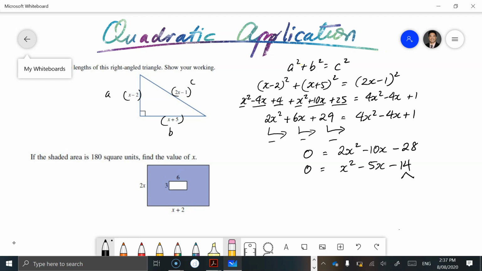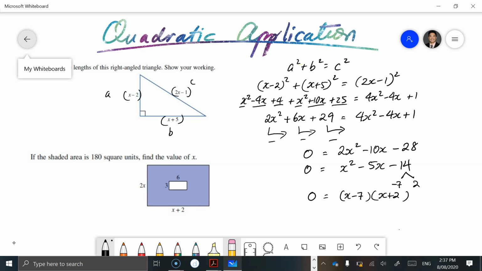Now I need factors of 14 or negative 14 that add up to minus 5. I know my timetables, so it's going to be minus 7 and 2. So my answer is going to be (x minus 7)(x plus 2) is equal to 0. Because minus 7 plus 2 is minus 5, minus 7 times 2 is minus 14.